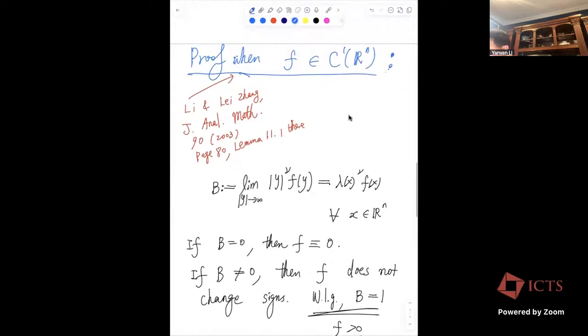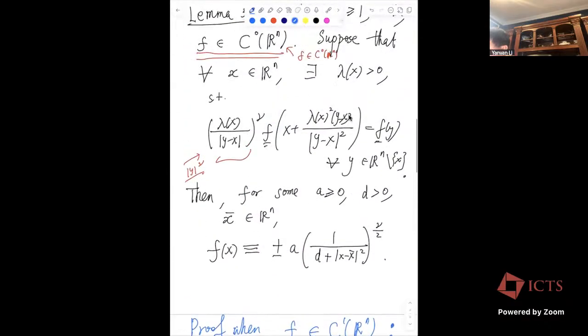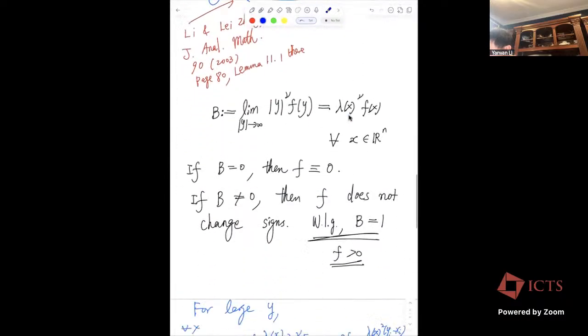So for every x, here you have y large, you just make a Taylor expansion. This one, I just put it there.